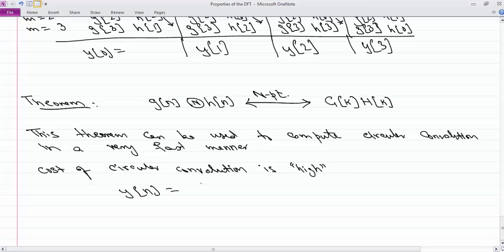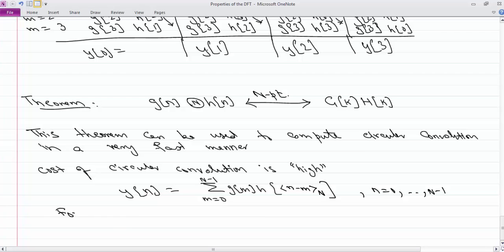Because if you look at the circular convolution formula, the sum over m from 0 to n minus 1 of g[m] h[(n minus m) mod n], and n goes from 0 up to n minus 1. So what are you doing in each circular convolution? For each point you are doing n multiplications and n minus 1 additions. It's very similar to the cost that we looked at for computing DFT using the direct formula, right?